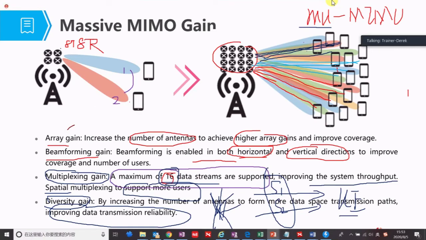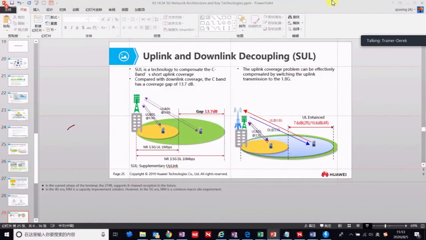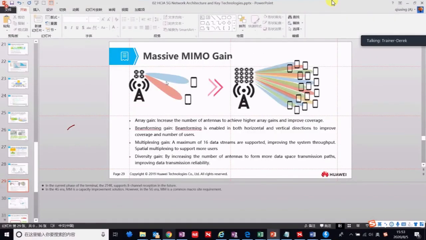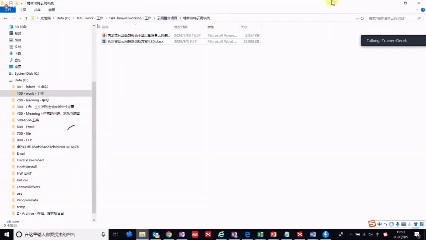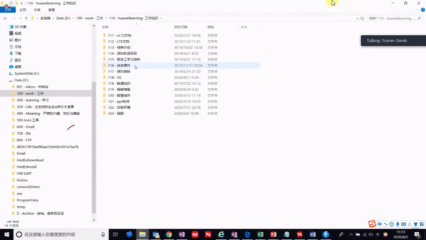Actually, for massive MIMO, this technology is very abstract, but sometimes if we can see some video in our lab, it may help us understand what MIMO is.